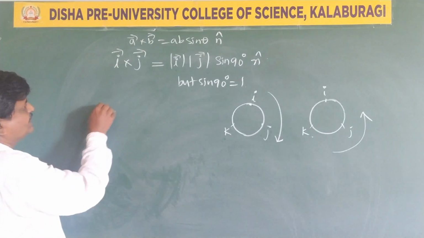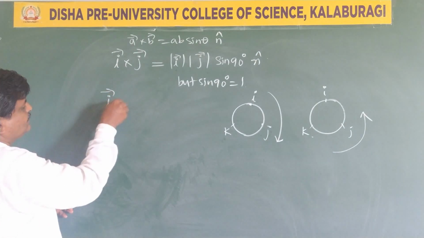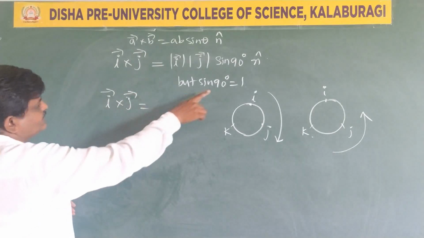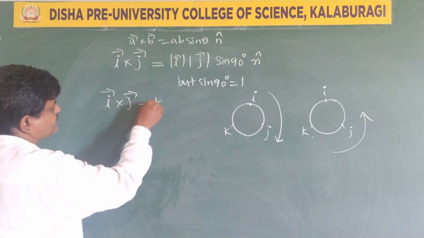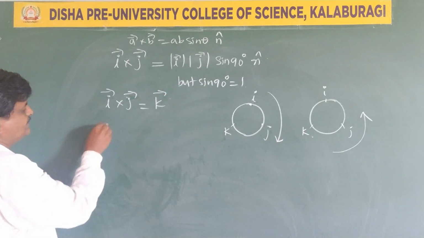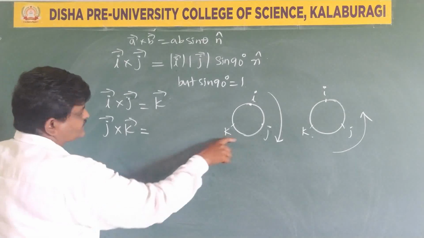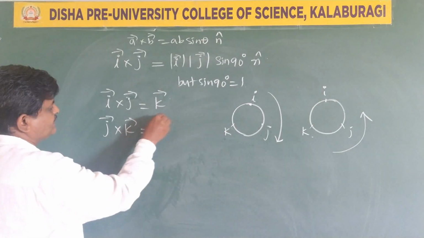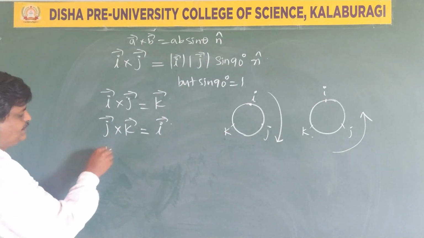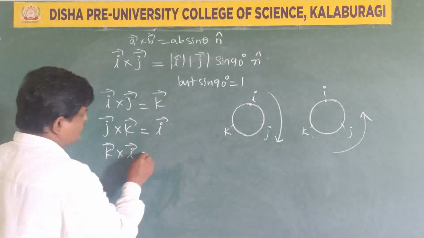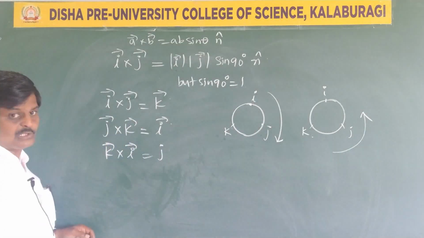Just see, what is I cross j? It is a unit vector perpendicular to this, that is the k vector. Similarly, j cross k? Next one is the I vector, right? So when you operate k cross I, it is j for clockwise.